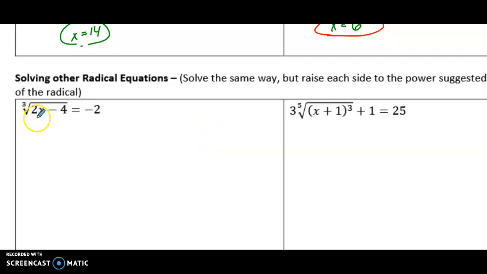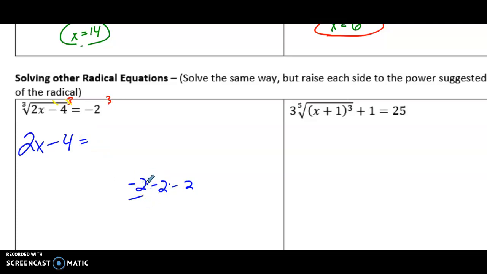All right, so right away this one's already set up that you can just take both sides to the third power. Again, we're not taking what's under the radical to the third power because the third root and the third power cancel. So we just are left with 2x minus 4 equals negative 2 times negative 2 times negative 2.